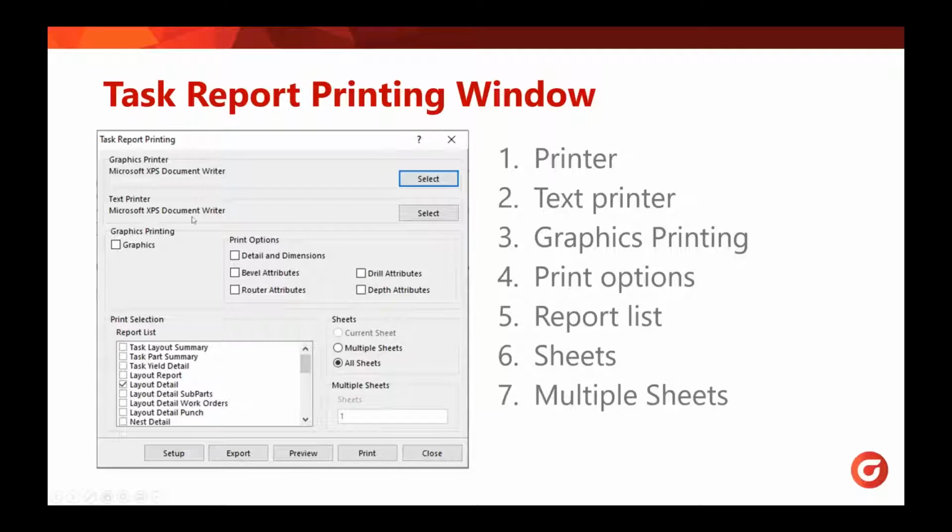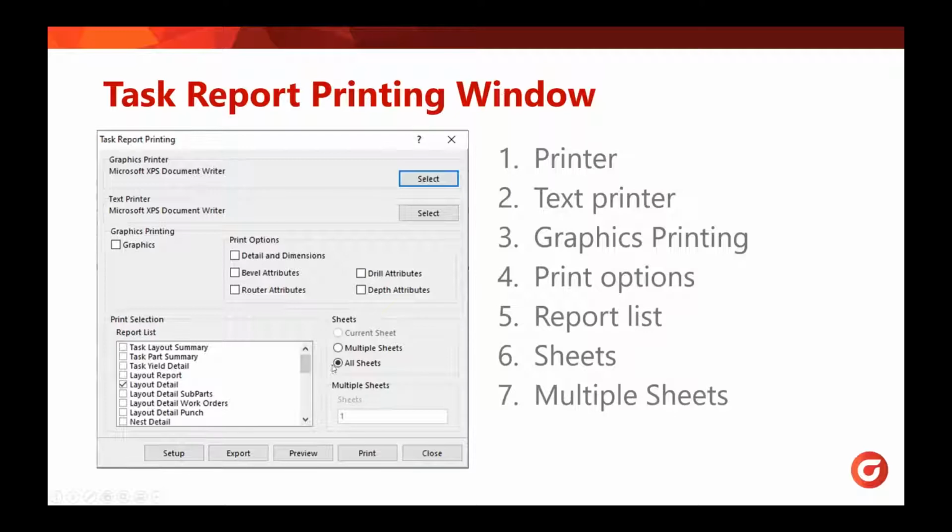But within the window here, we're going to set the text printer for what we want. We've got our print selection down near the bottom that's going to show us all of the reports we have currently loaded and available, and then the ones with the checkbox on are the ones that we're actually going to print or preview when we hit print or preview from this box.